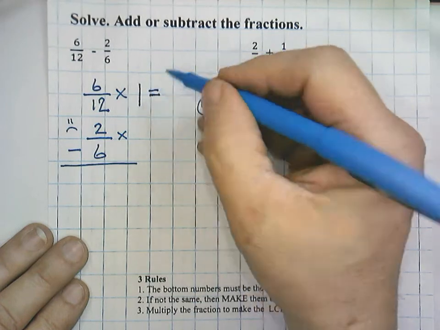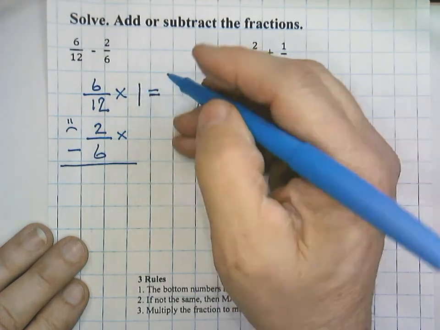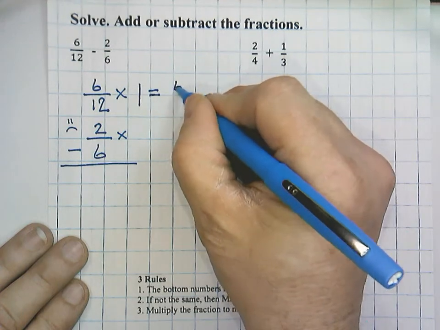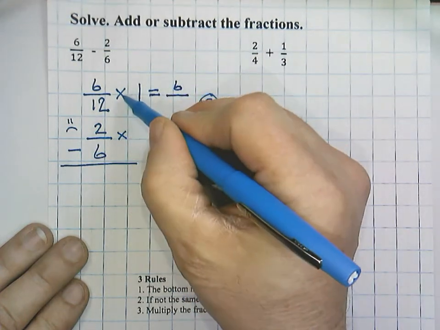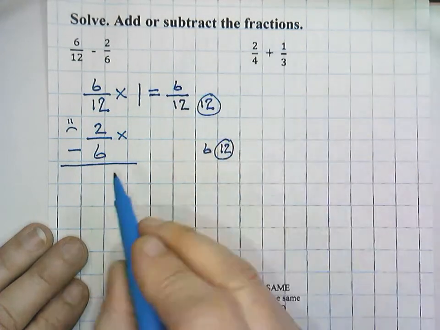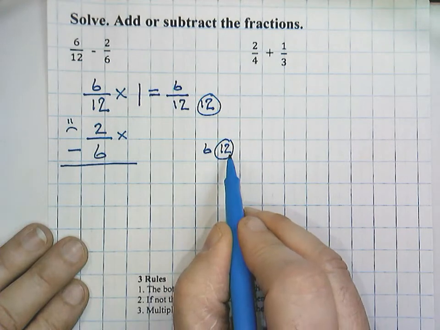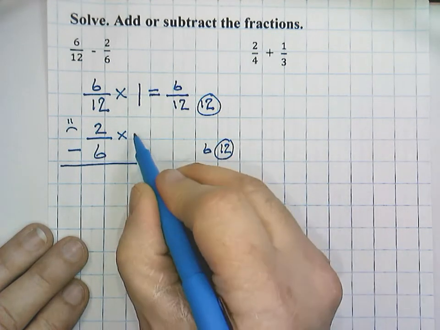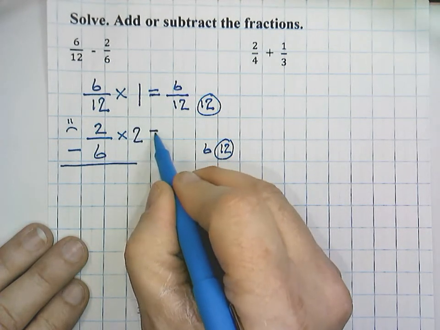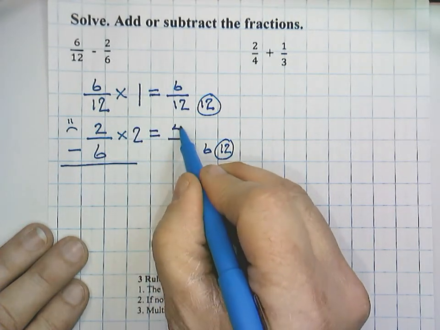And like the little trick I showed, you just have to count one time. 6 times 1 on the top would be 6. And 12 times 1 for your denominator. There you go. On the bottom, what times 6 equals 12? Well, that would be 1, 2. 2 times 2, 4.